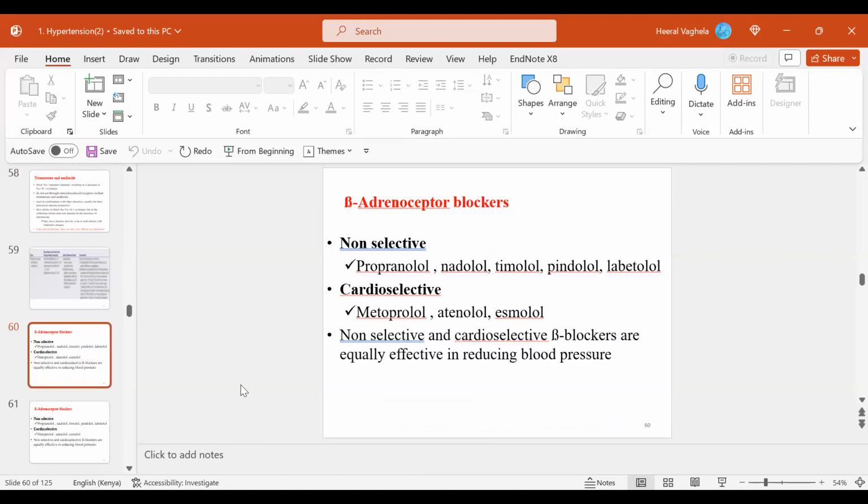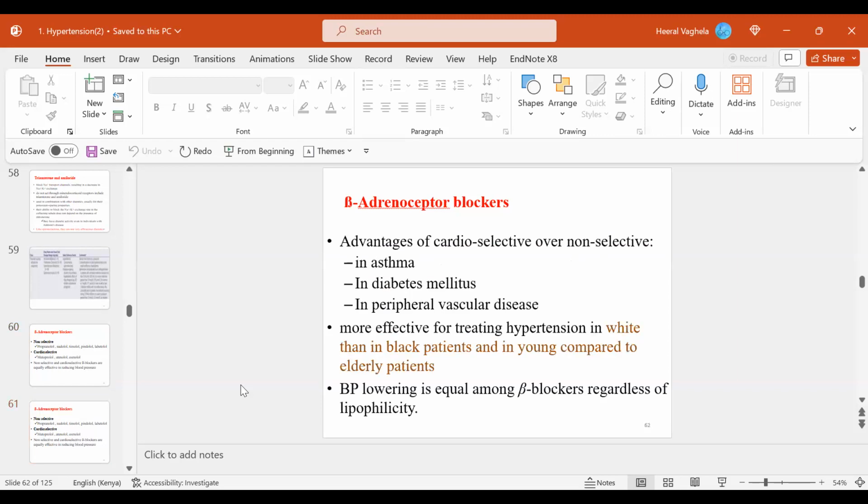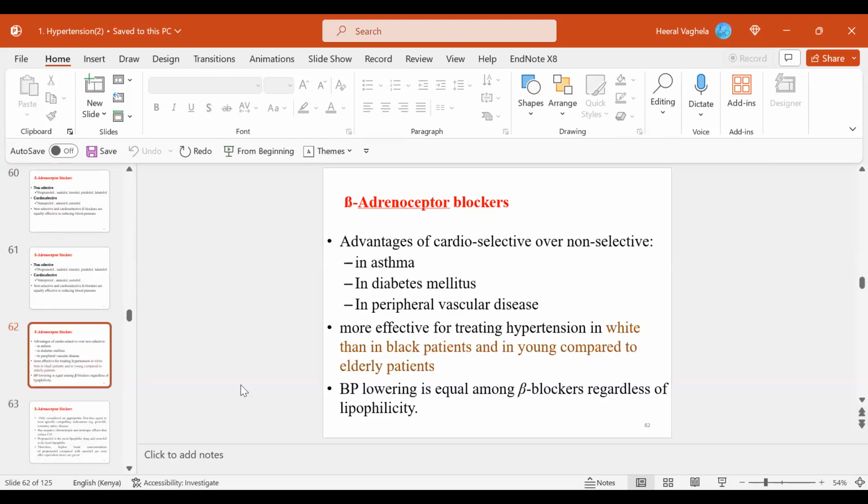Then you have the beta blockers. You have the non-selective and the cardioselective, but they're both effective in reducing blood pressure. The advantage of cardioselective over non-selective is that you can use them in asthma, diabetes, and peripheral vascular disease.